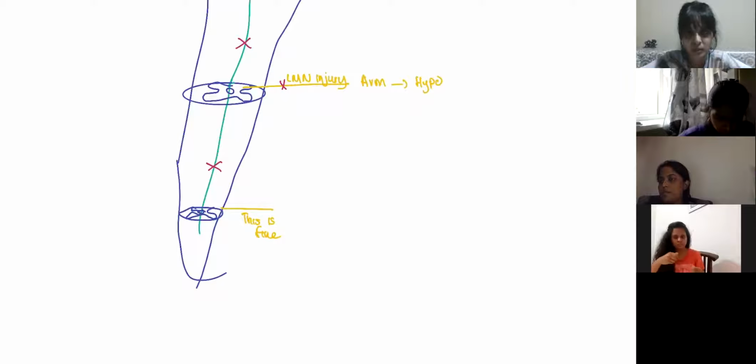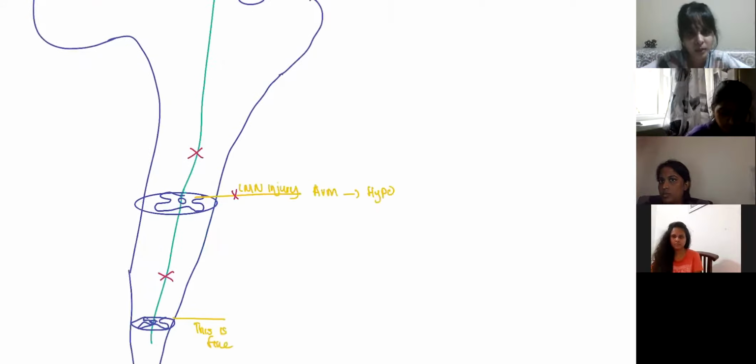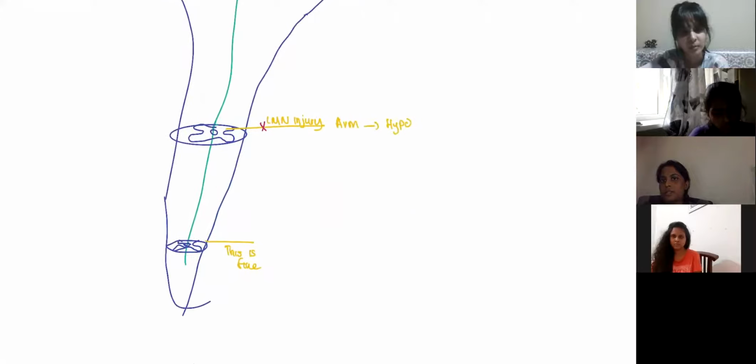Will the legs show hyperreflexia or hyporeflexia? The legs. I told you guys, okay, this is fine. There's no damage to the lower motor neuron at this level. Guys, you need to review the lecture on spinal cord.